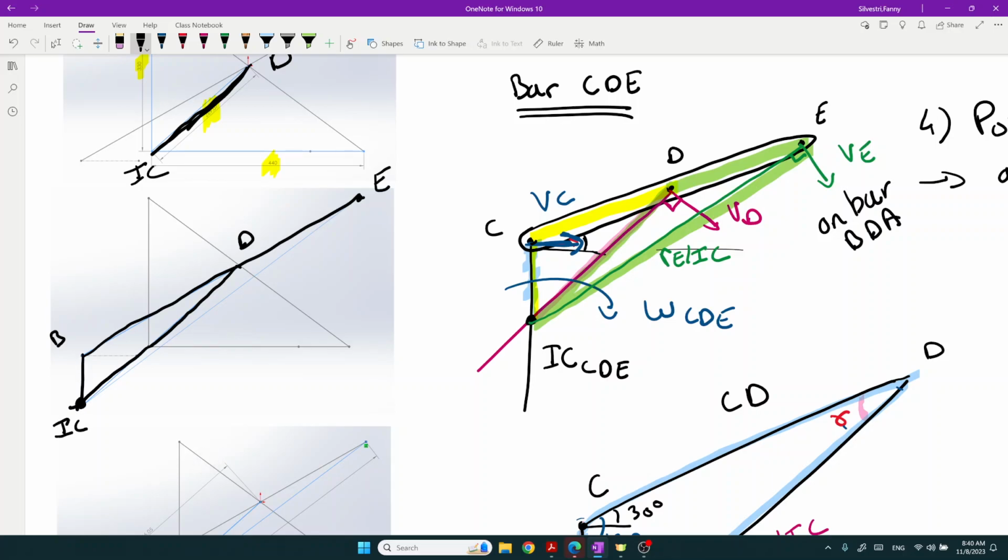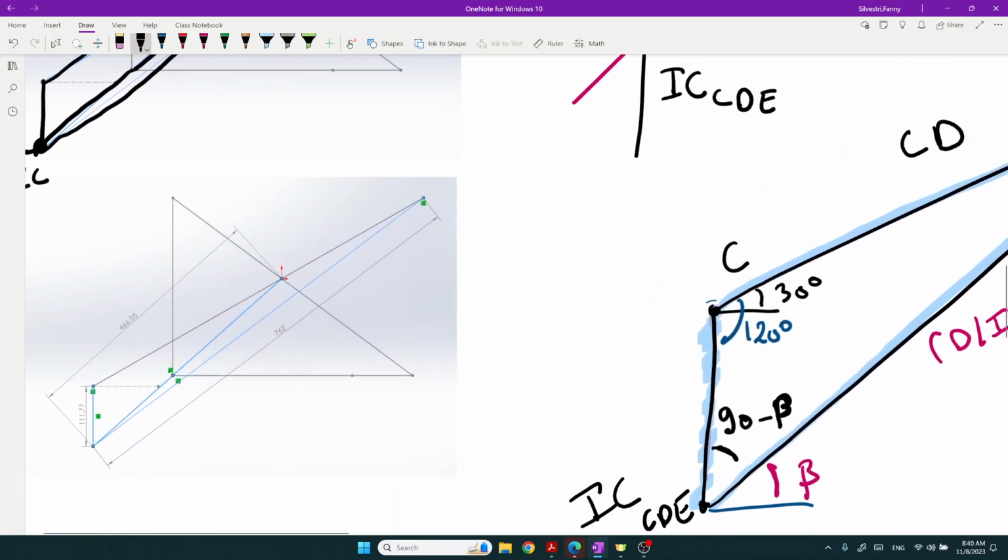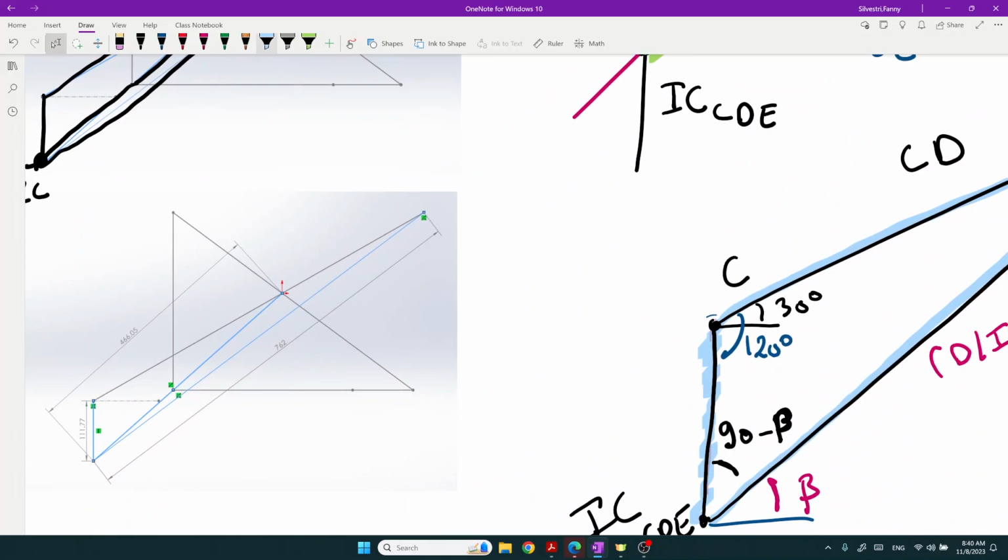This is my IC, and I drew the line from the IC to E. It looks like this. I use driven dimensions, and I found the value of everything that we need. This one is the RDIC. This one is the RBIC. And this long one is the REIC. So it gives me a good way to check the different dimensions.